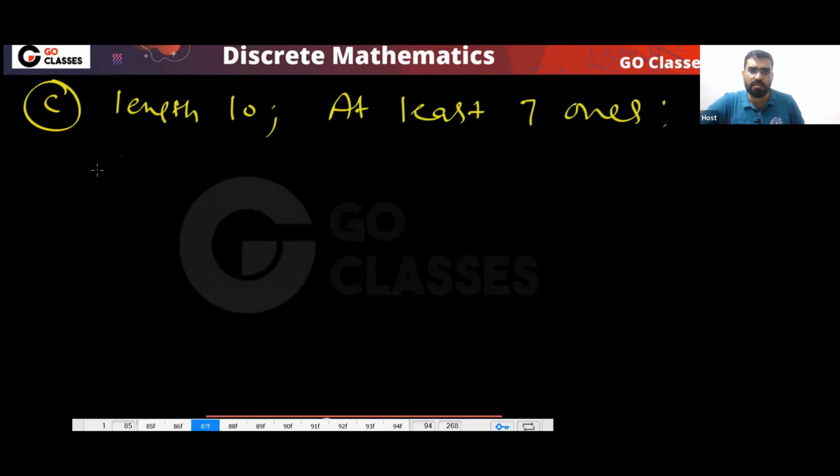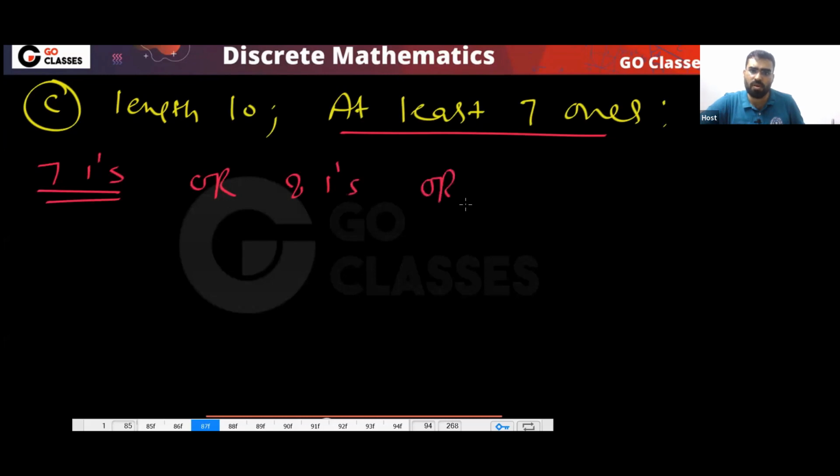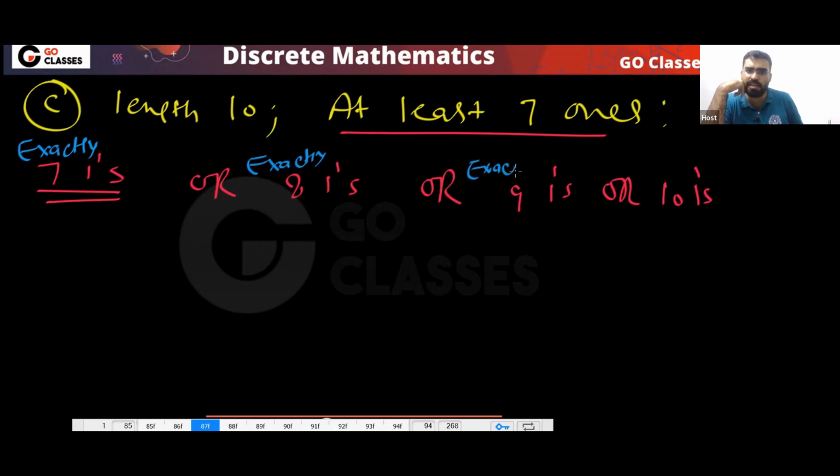At least 7 ones means exactly 7 ones, or exactly 8 ones, or exactly 9 ones, or exactly 10 ones.